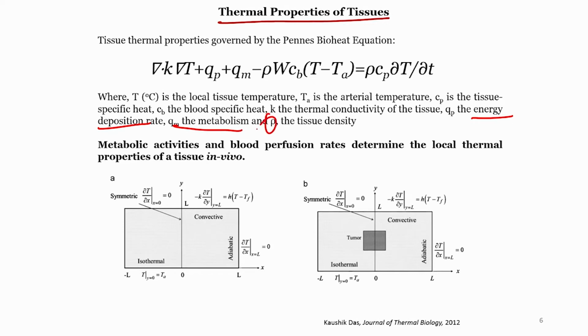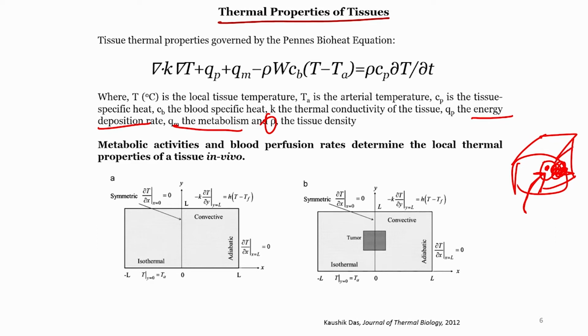Okay, that is understood. Now, the local tissue temperature: if you take any point inside the tissue, what would define the local tissue temperature is a combination of the energy deposition rate, which is the energy supplied from outside, internal metabolic activities and the blood perfusion rate.